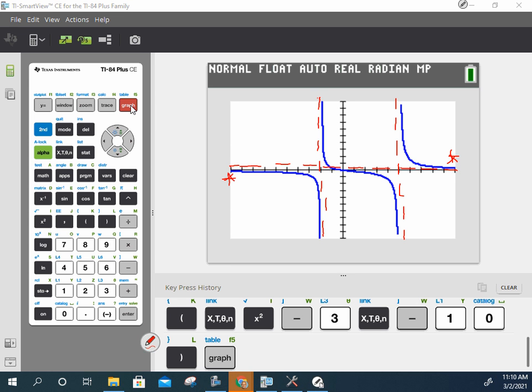They're not touching it, they're flirting. So we now know what our graph should look like. For those of you with a graphing calculator, it's like a cheat code. Use it. So let's go to the table and pull some points.